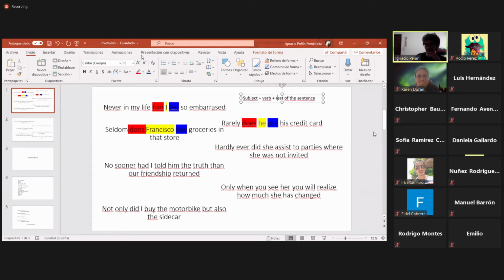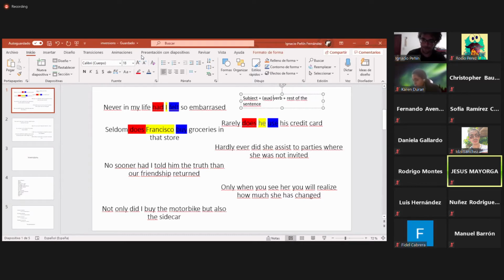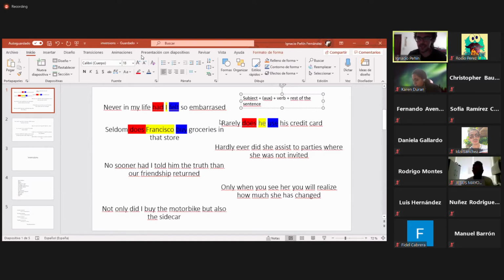Where do you use the auxiliary? After the subject? Usually don't. We don't have an auxiliary in affirmative sentences. But if you have one auxiliary, for example, for making a perfect verb, yes, it should be here. Aux plus the verb in its past participle, isn't it?